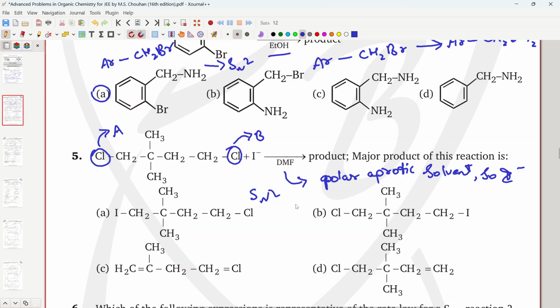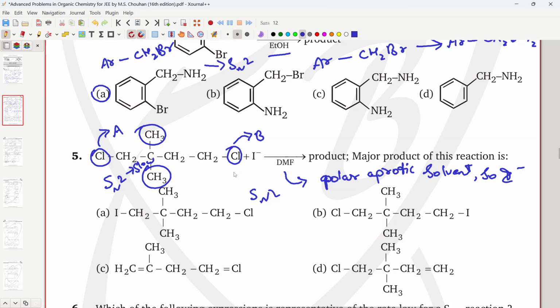At site A, the carbon bearing Cl is adjacent to a quaternary carbon, and the backside attack is heavily hindered by the bulky CH3 groups, two of them, which means the SN2 is extremely slow.